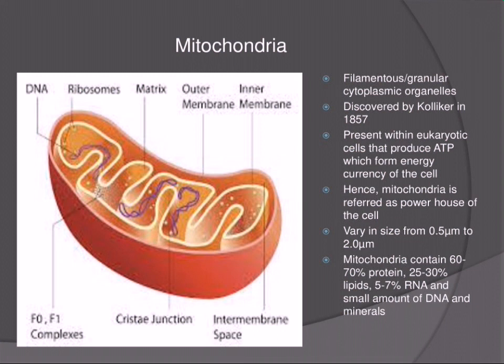Now we are going to see the structure of mitochondria. Just refer to the picture present here. First, we are going to see the mitochondrial membranes. In the mitochondrial membrane, we have the outer membrane. You could see the outer outline, that is your outer membrane.